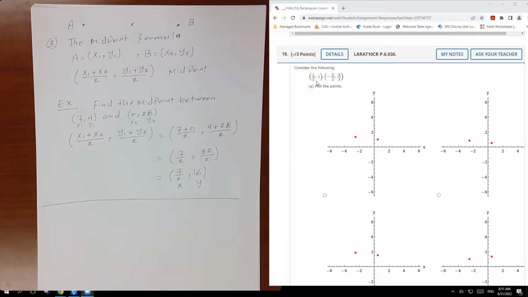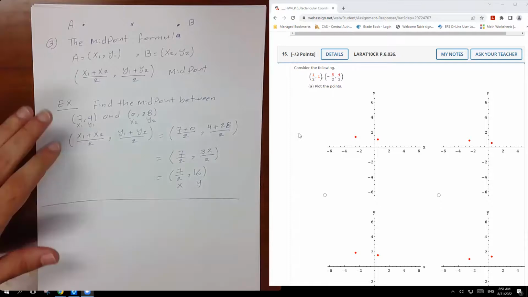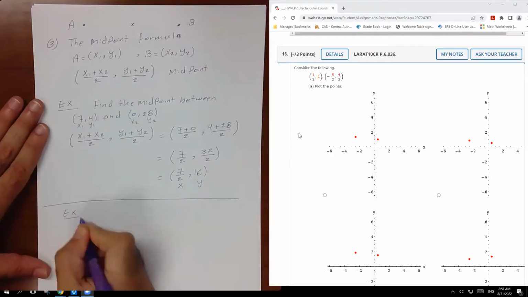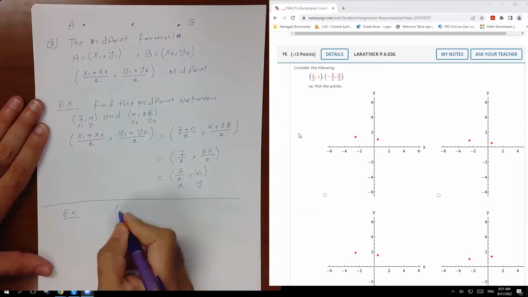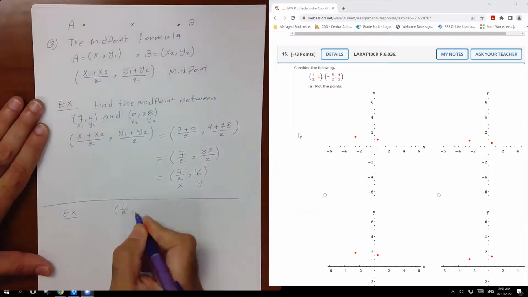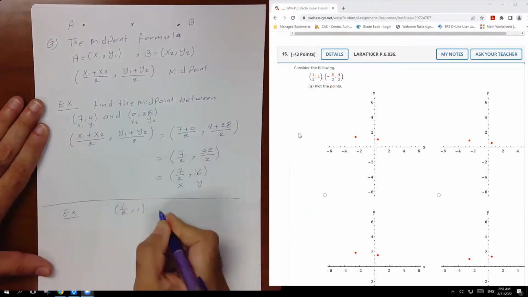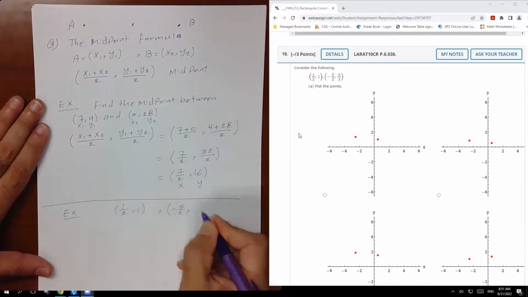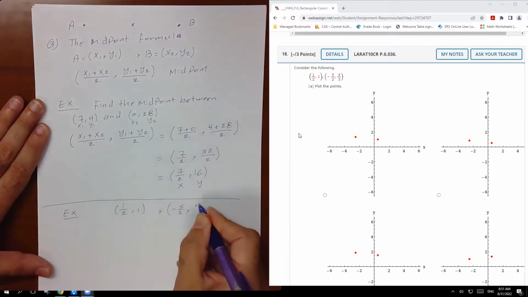For example, the first point is 1 over 2 and 1, and the second point is negative 5 over 2 and 4 over 3.